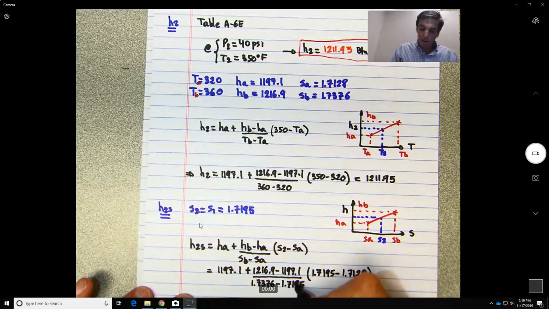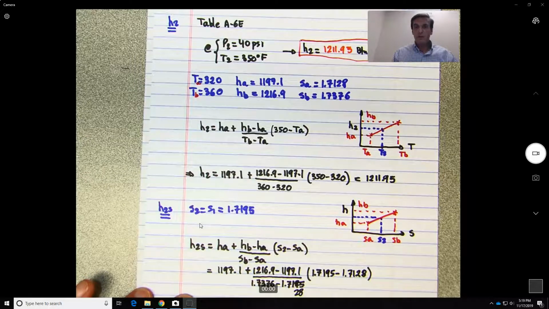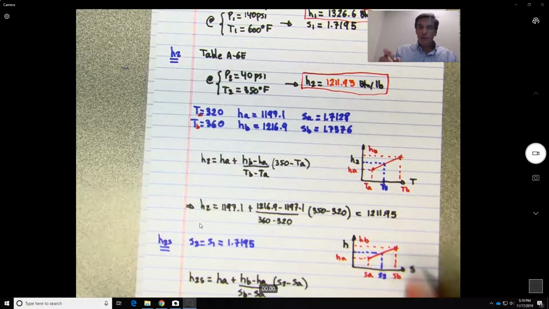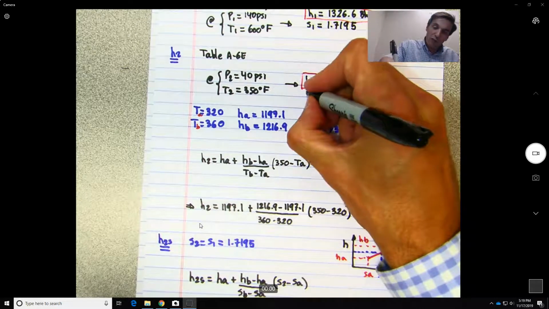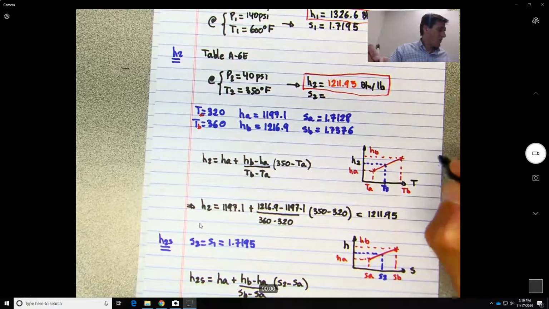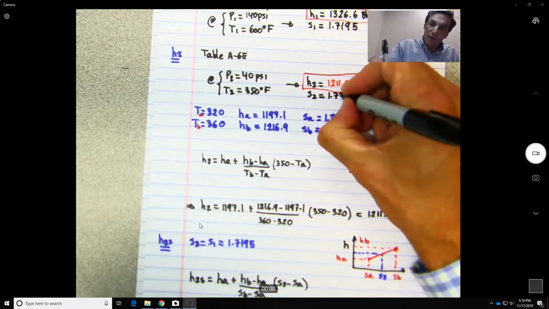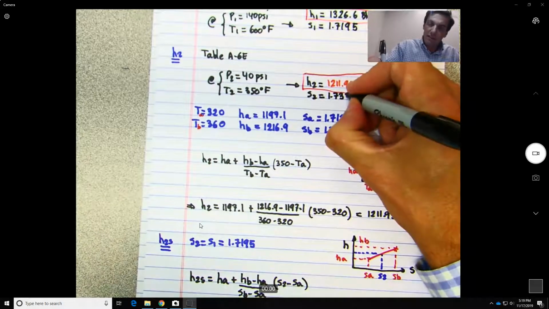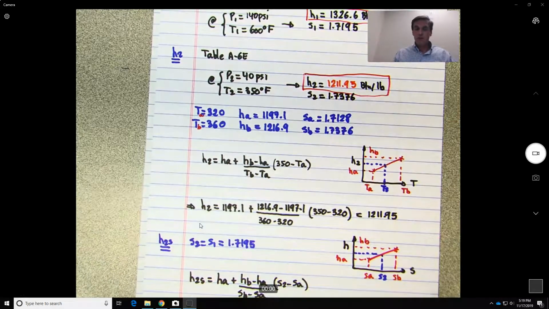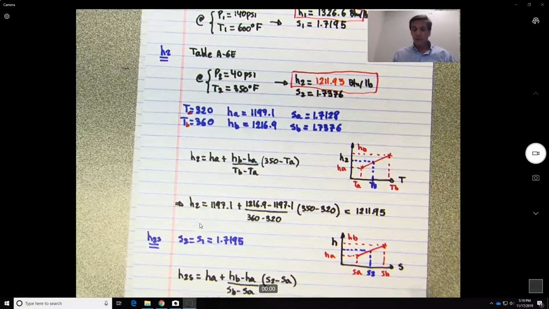Sorry, this is 1.7128 over here. I forgot to write down something up, but I'm going to do it now. Because from this figure here, I give you H2, but S2 over here from the table is equal to 1.7376. Okay? Sorry for that little confusion.